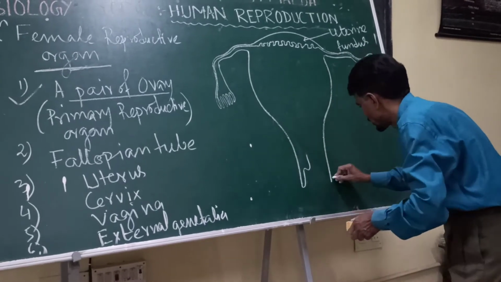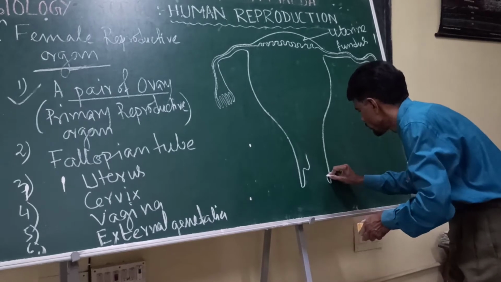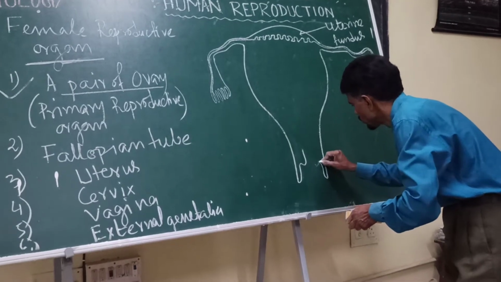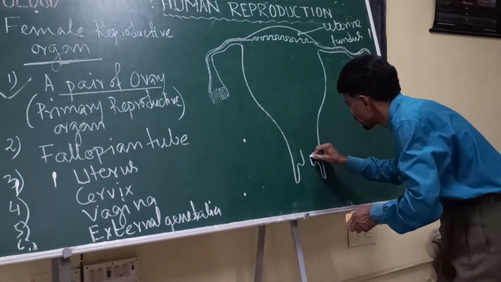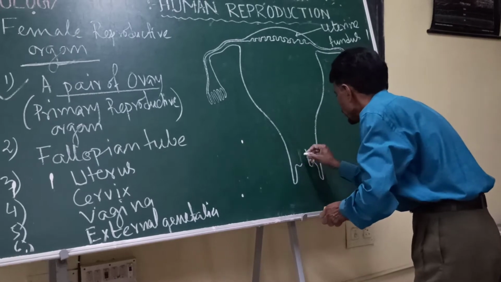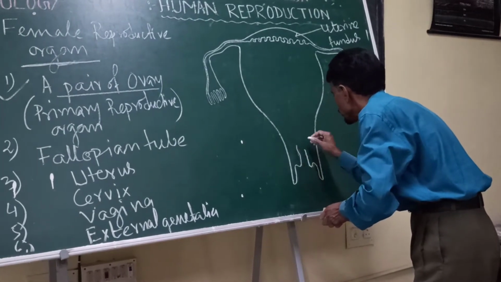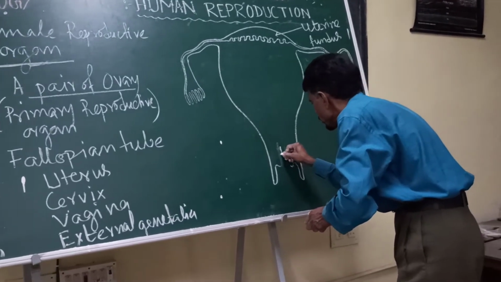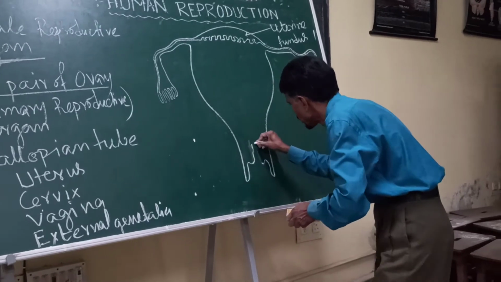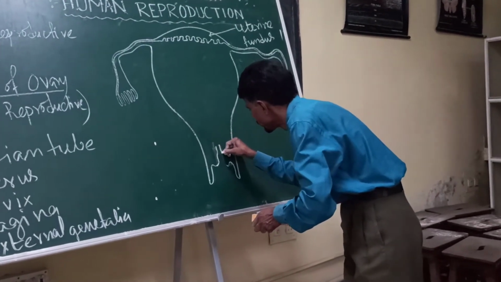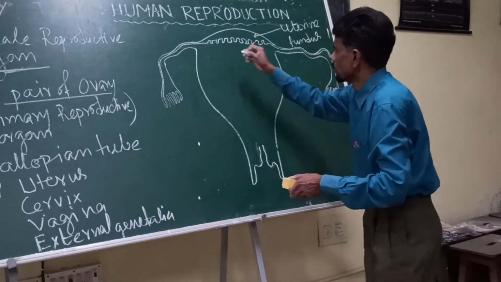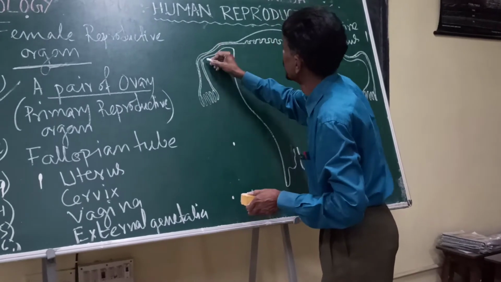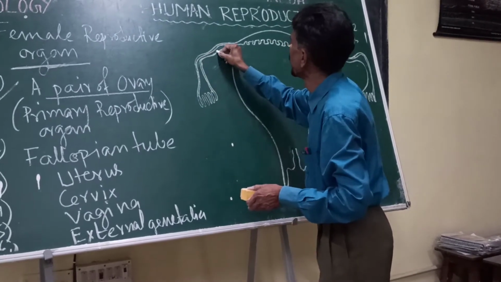Inverted pear shape structure descends down like this. Very simple way you can draw.